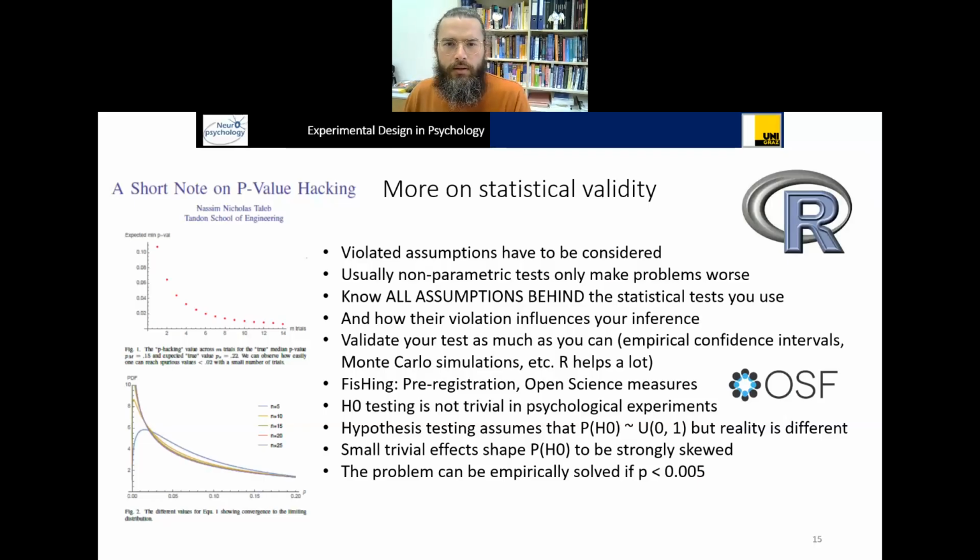And this can be dangerous, because the statistical procedures you use may be based on specific assumptions which will be violated in your experiment. And this is a very important point. So to know upon which assumptions the use of a specific test you may want to use are based, you have to know them all very well to be able to decide whether you interpret your results or not.